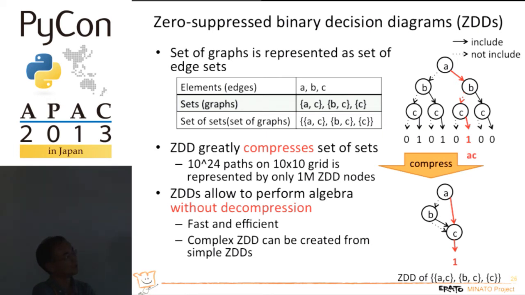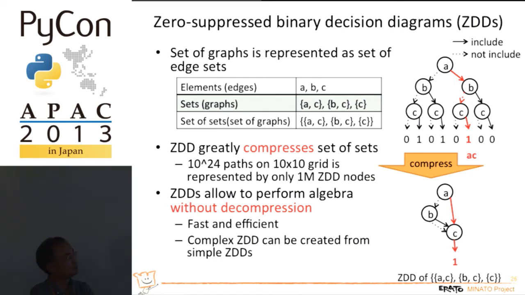The whole diagram shows a set of sets, or set of edges: AC, BC, and C. Where 1 at the bottom means the path is valid, and 0 means the path is invalid. This non-compressed diagram can be compressed into the bottom one without any information loss. ZDD's compression ability is very awesome.